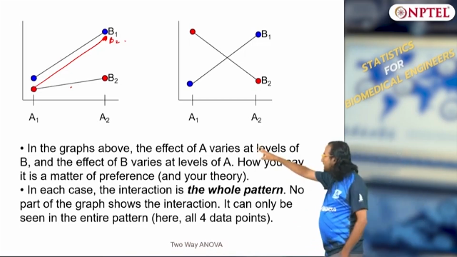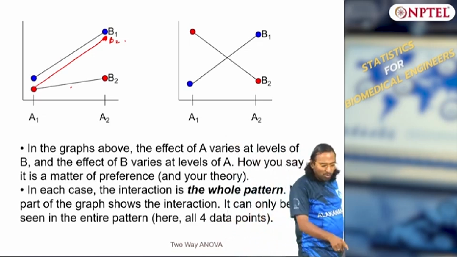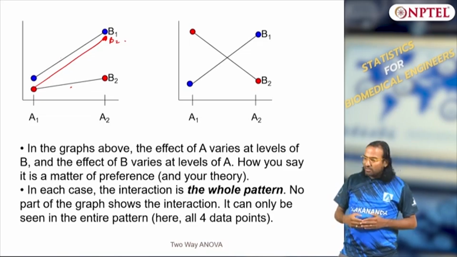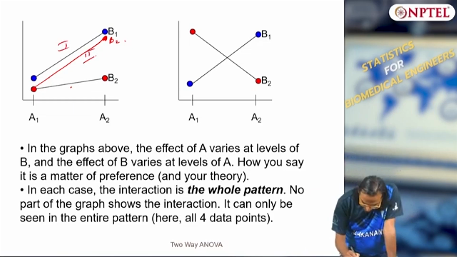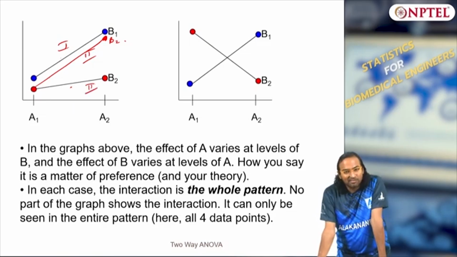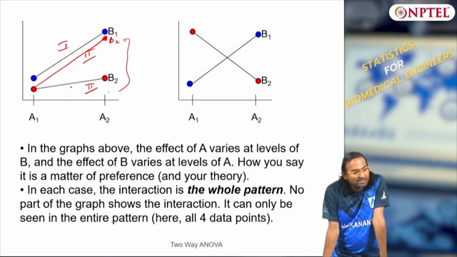There are 2 cases here. A1 B1 is the same, the blue one. The second one has 2 options, so this is case 1 and this is case 2. A2 B2 is different. Which one has more interactions?